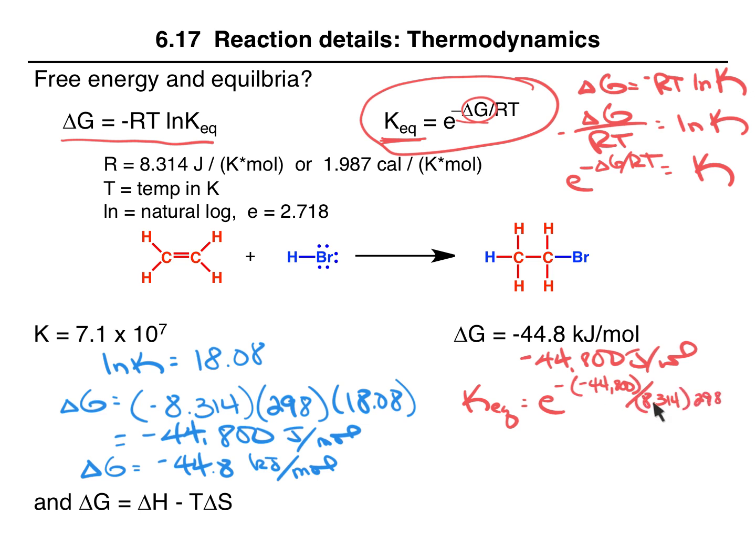So we divide by these numbers, take the negative, and then take the inverse of the natural log, and that should come out to an equilibrium constant value of about 7.13 times 10 to the 7th. It's helpful to try out some of the calculations.